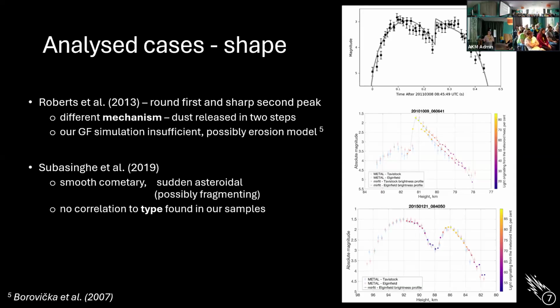They were all over the place. It was basically 50-50, whether or not the smooth one was cometary or asteroidal. So for now, we really don't know if there is a difference like this, or if our samples are just too small, and we will have to test further.